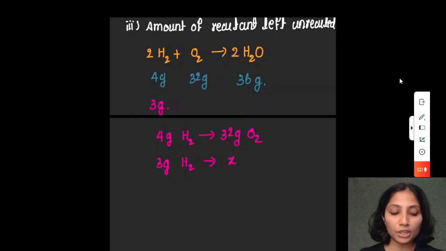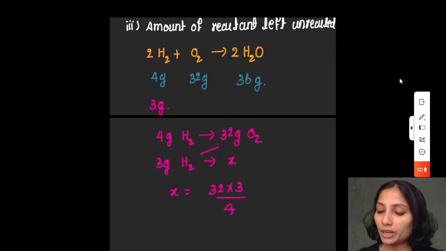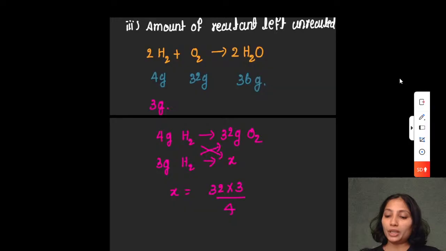Calculate it first. How much gram of O2 is required for 3 gram of H2? Cross multiply. X is equal to 32 into 3 divided by 4. Do the cross multiplication and calculate it.